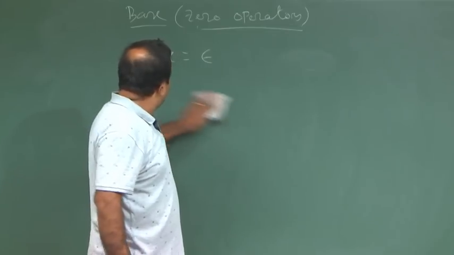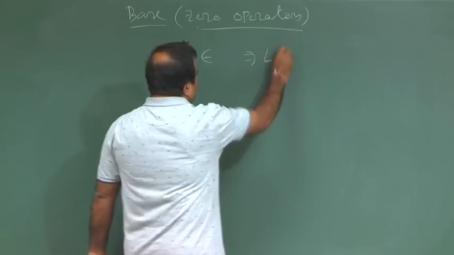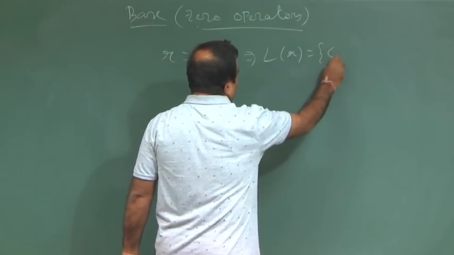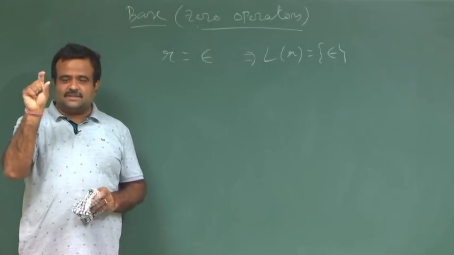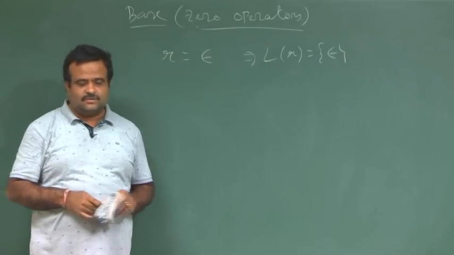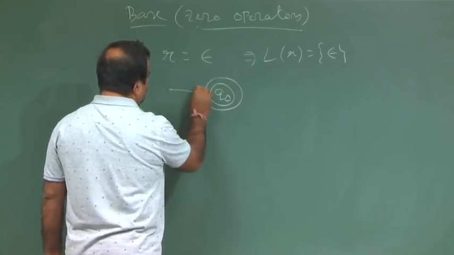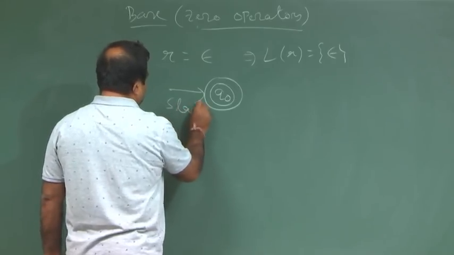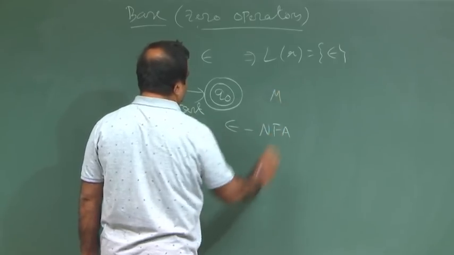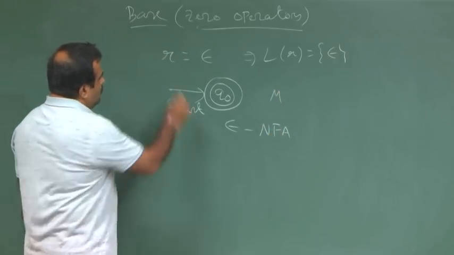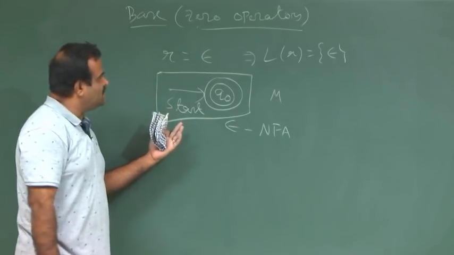So, for r is equal to epsilon, what is the language L of r? We need to construct an epsilon NFA which is accepting just the singleton set epsilon. That is easy to construct. We start with q 0, we make it the final state, and this is our epsilon NFA, this is our M. What is the language accepted by this?